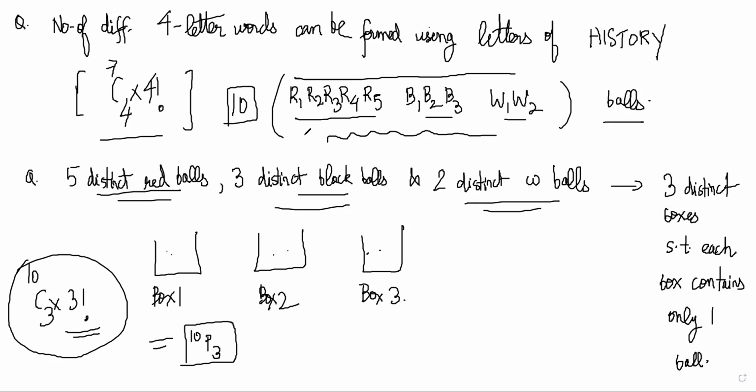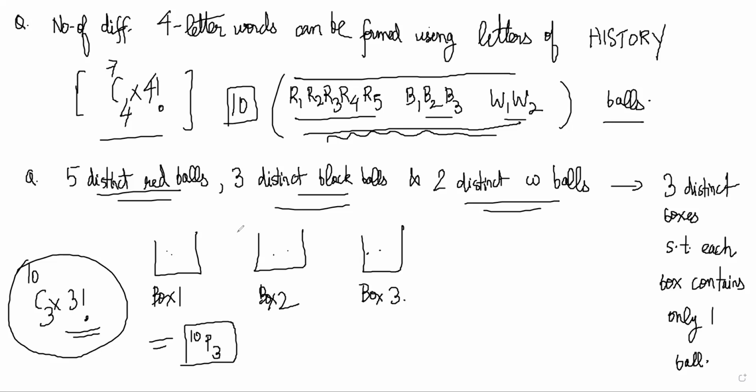Because all the balls are different and all the boxes are also different. If the question was slightly different and some balls were identical, then the number would be much smaller. If all the red balls were identical, all the black balls were identical, and the white balls were identical, then the numbers would be much lower. That would be a different question, because then you have to select based on color.